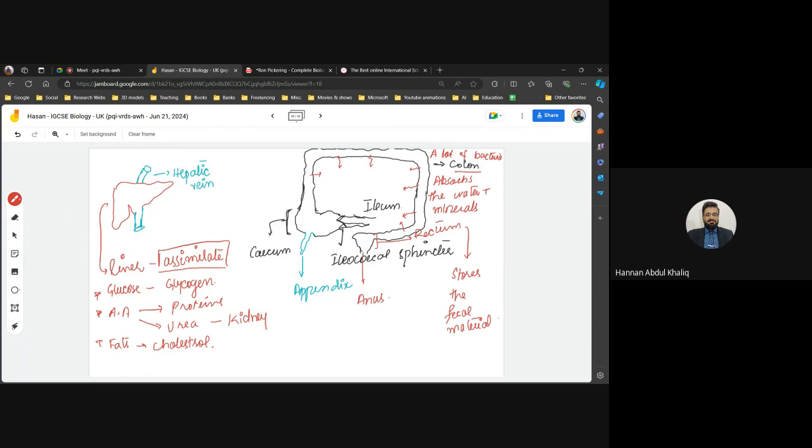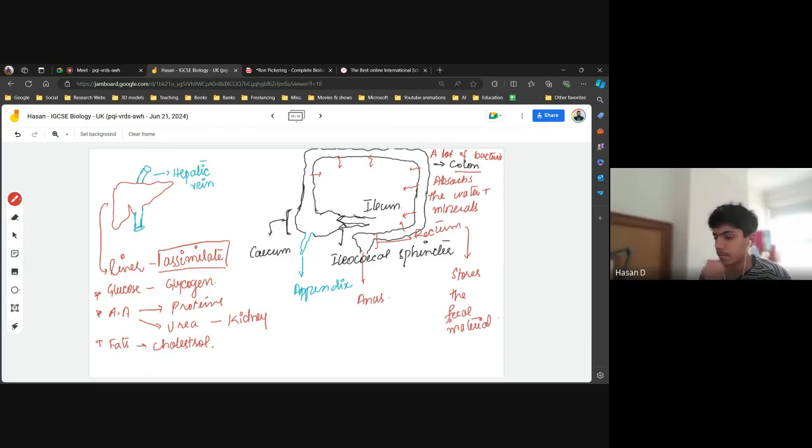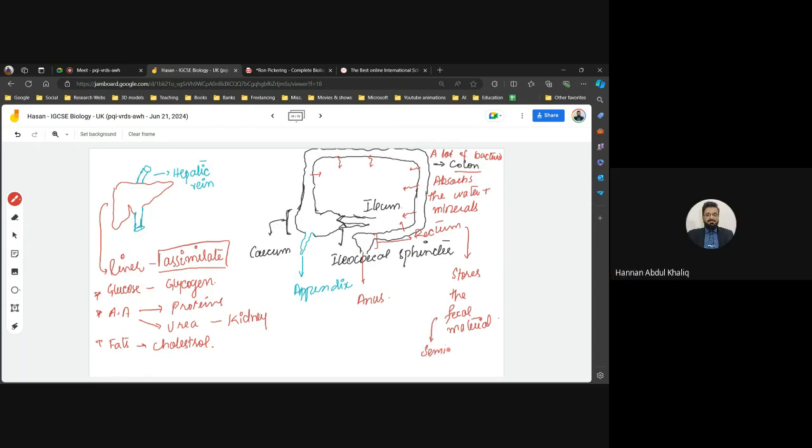If the water is absorbed back into the body in a very large amount, then constipation would happen, because the feces have to be semi-solid, not exactly solid. But if a major amount of water is released, then it would be diarrhea. Clear? Yeah.